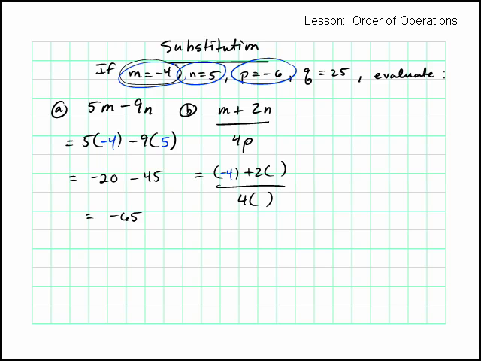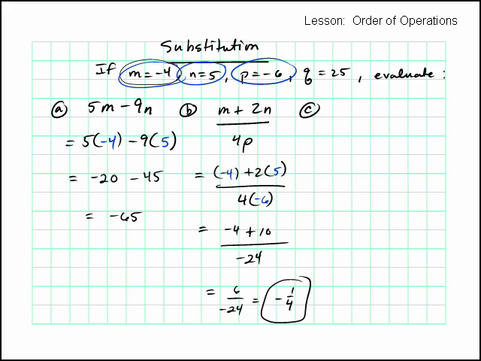That's going to go in there. n is 5. And p is -6. That's going to go right there. Now I'm following my order of operations and simplifying. -4 plus 10. That's going to be over -24. -4 plus 10 is a positive 6. And I can reduce that fraction. That's -1/4 if you reduce it properly. So our expression simplifies to -1/4.